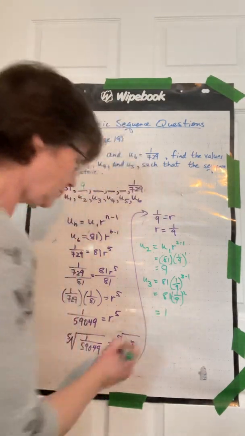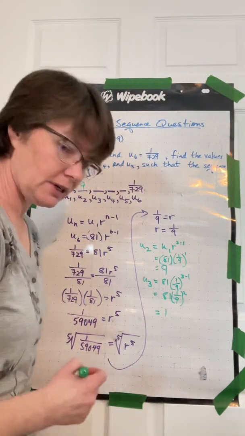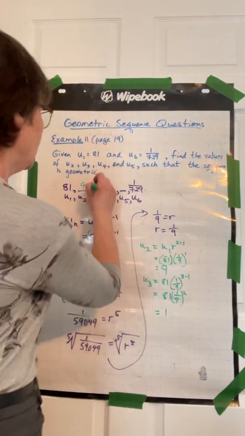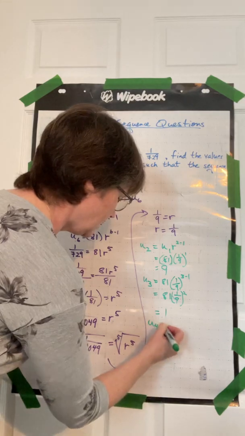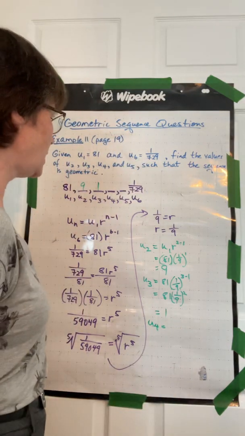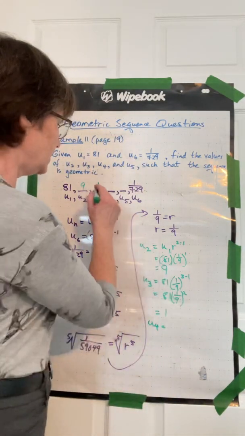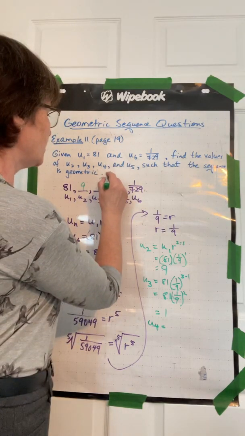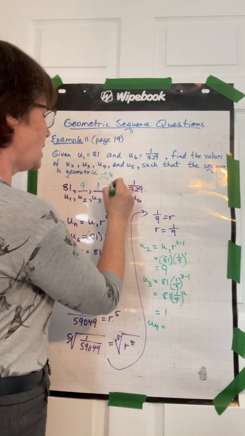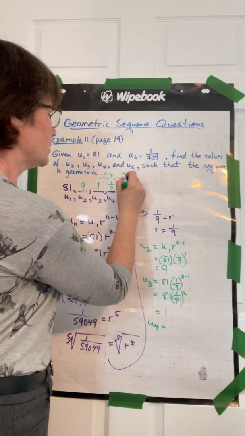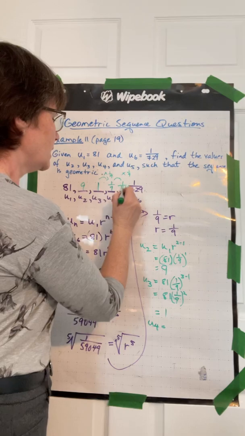And so that's going to equal 1, because 1 over 9 times 1 over 9 is 1 over 81, and 81 times 1 over 81 is 1. So that is 1. Let's keep going here. U4, and we could actually just follow this pattern, couldn't we? We know that this next one's going to be multiplied by 1 over 9, so that's going to equal 1 over 9. We know that number will then be multiplied by 1 over 9, so that's going to be 1 over 81.